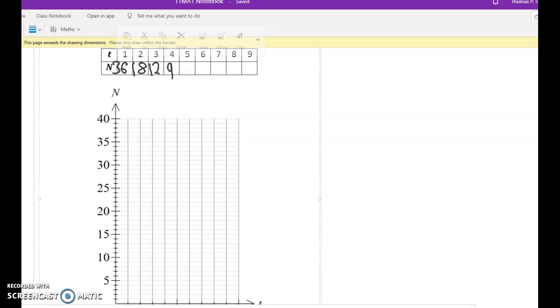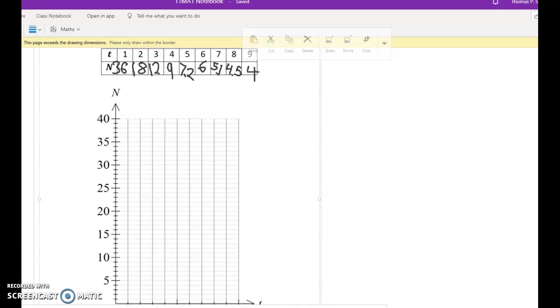So 36 divided by 5, 7.2. 36 divided by 6 is 6. 36 divided by 7, 5.1. 36 divided by 8 is 4.5. And then divided by 9 is of course 4.